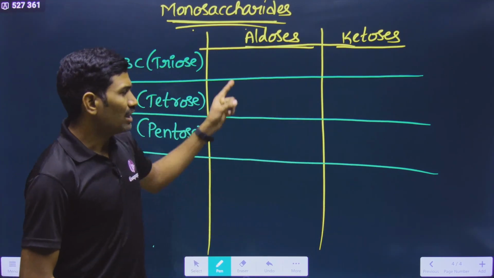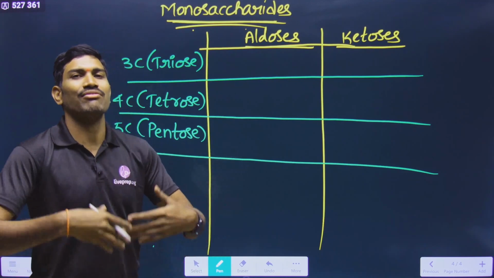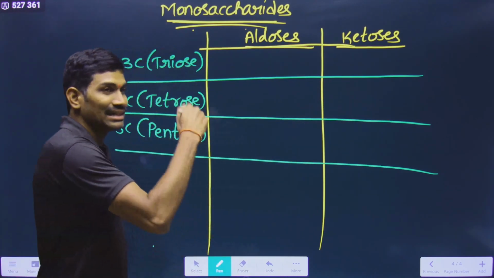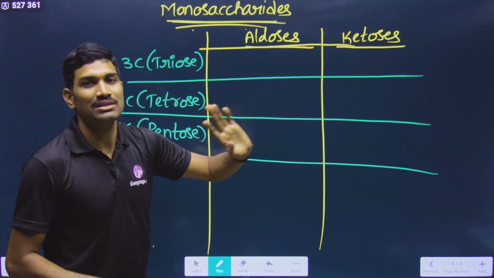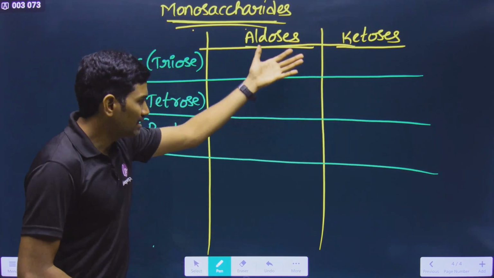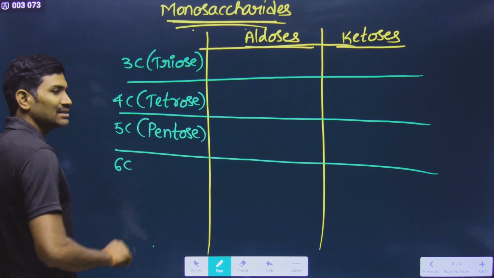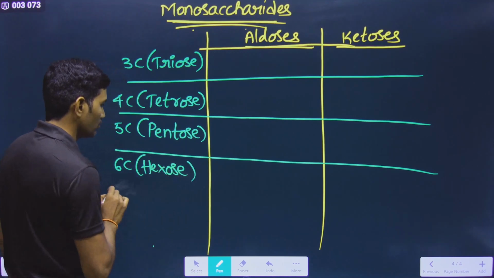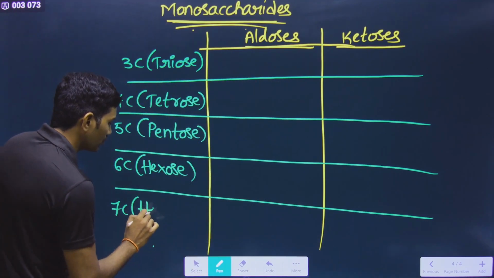So these names I am writing now, we will use frequently in different chapters, so at that time you should not get confused. That's why here itself I am giving these basic names. Some extra names are there, which you will study separately, but these are regularly used names, so every student should know. 6 carbon containing is called hexose, and 7 carbon containing is called heptose.